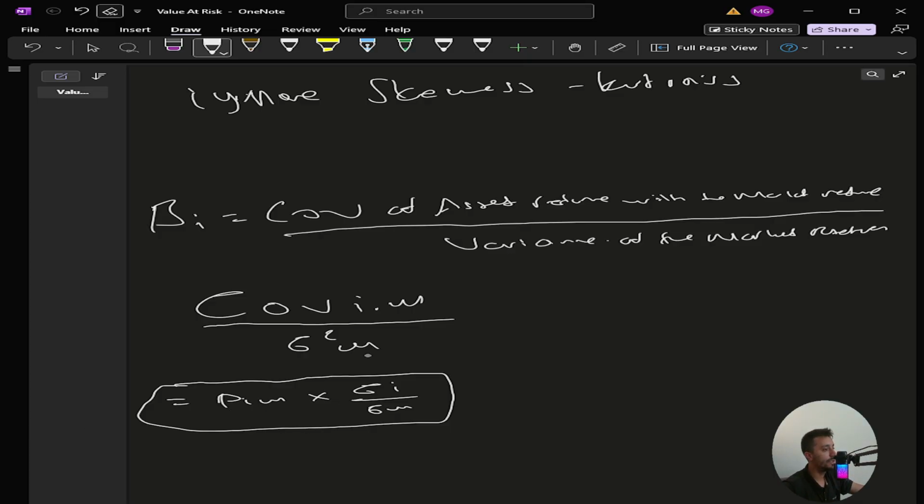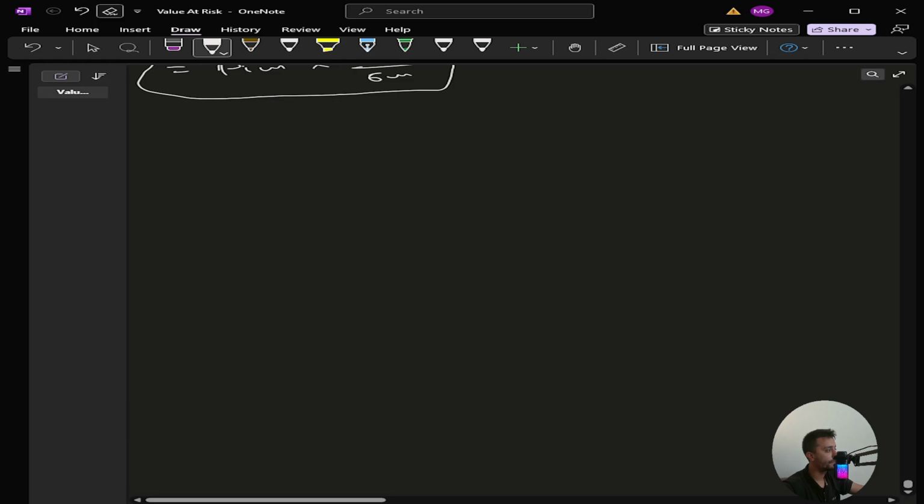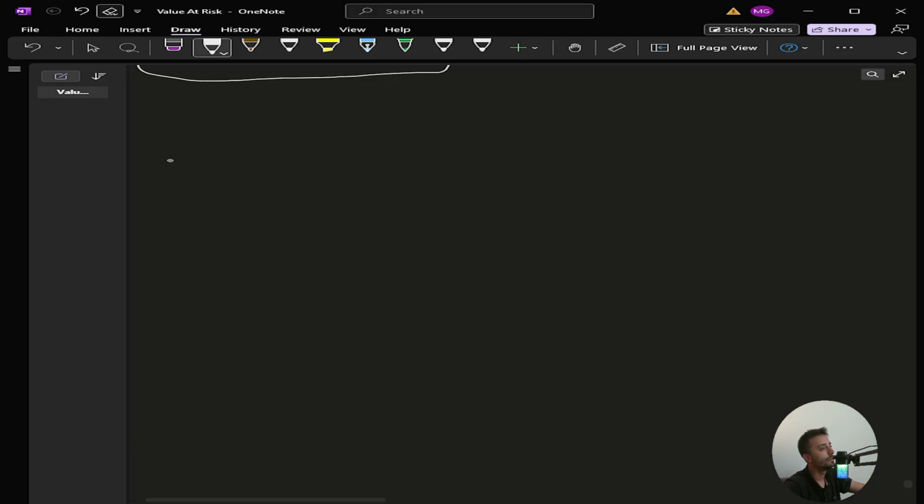Let's calculate our asset beta with an example. We are assuming that asset A has a standard deviation of 30% and a correlation with the market return of 0.8.